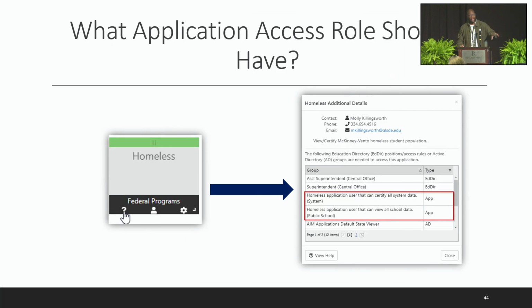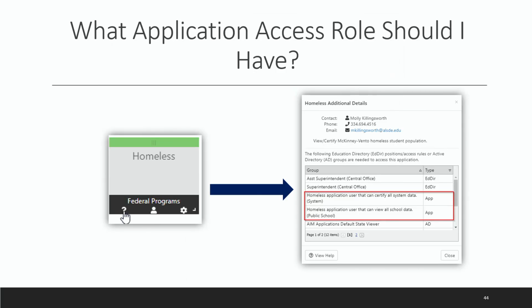every one of the AIM tiles has a little question mark in the bottom left-hand corner. You'll click on that, and it'll bring up some information about that particular application and give you contact information. We usually do it at the director level, so that's why you see Dr. Killingsworth's name there. It'll give you a little blurb on what the application does, and then what you'll want to look at specifically are the items that have app in the type column.